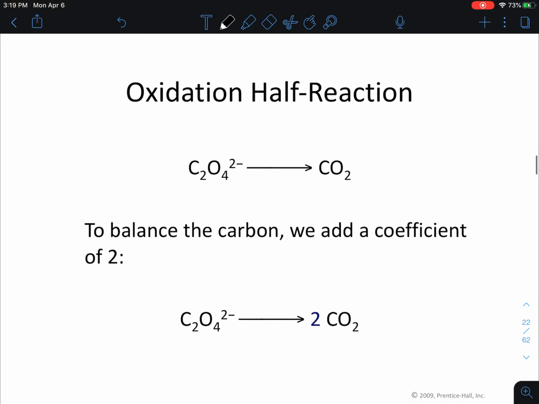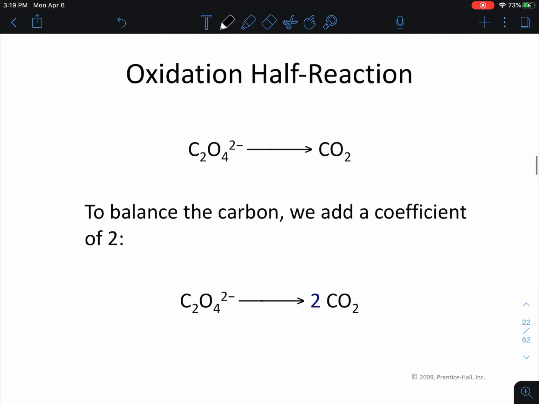So we're going to break up into our two reactions, and like I've been doing, we'll start with our oxidation half reaction, and the first thing we notice is that starting with step 1, are atoms other than oxygen and hydrogen balanced? No, there's 2 carbons on one side, but only 1 on the other side.